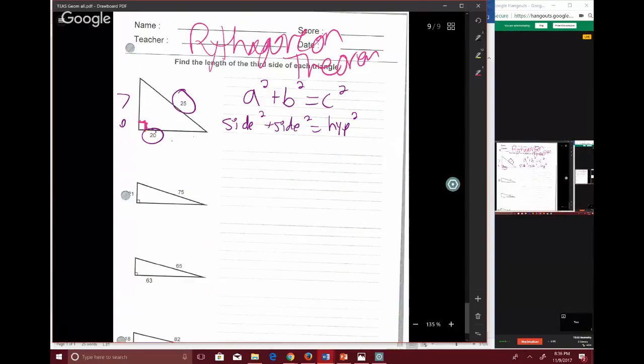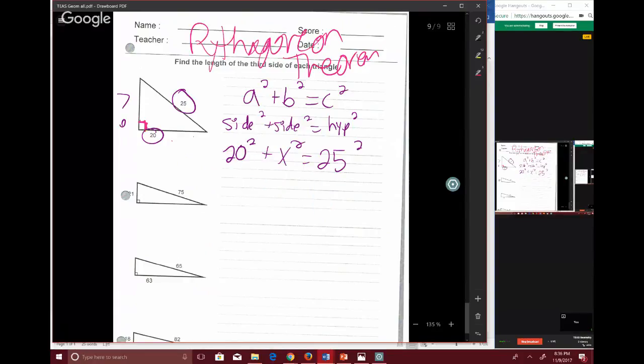What this says is if we take the side that we know the measurement of, and we add that to what we'll call x squared for now, or b squared if you want, and we square both of those, and add them together, and we also square our hypotenuse of 25, then when we add the two on the left, we will get the one on the right. So the two sides added together after being squared will be the same as the hypotenuse when it's squared.